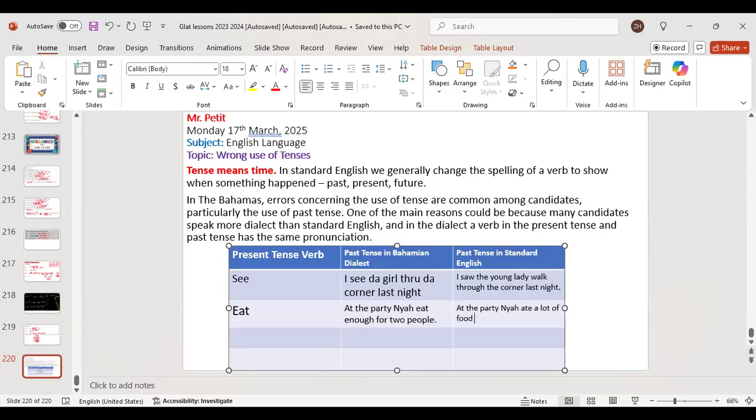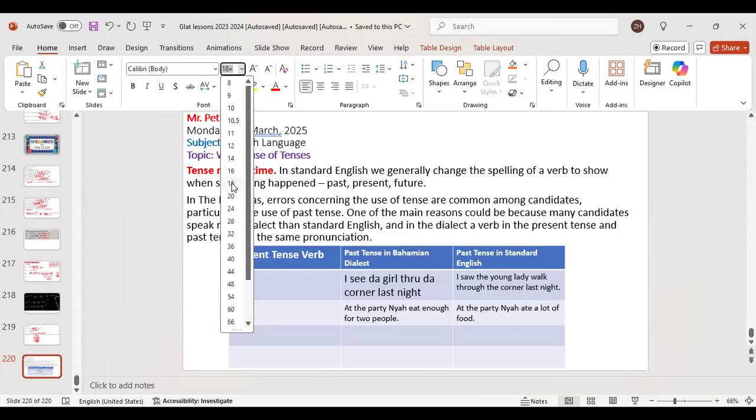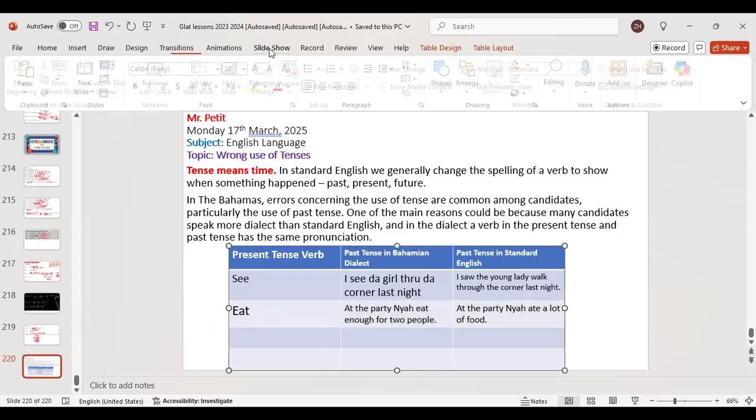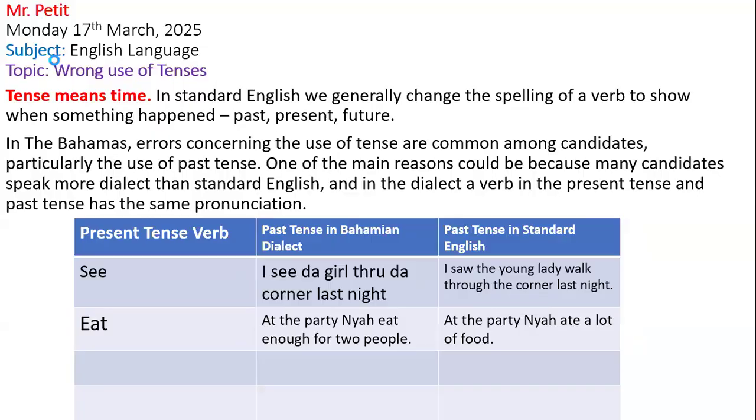Can I say it in a British accent? You want to try the British accent? Go right ahead. At the pub, at the party, a young lady named Naya ate a lot of food.